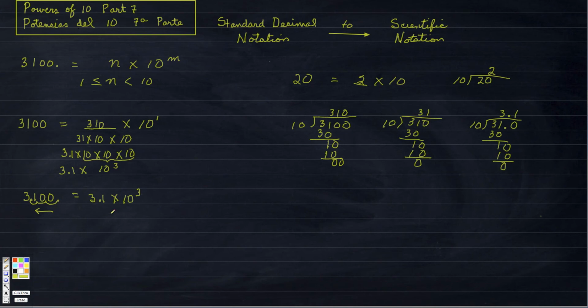So in general, when you have a number that you need to change to scientific notation, a big number. So since we're looking at numbers that are big, this would be numbers bigger than 1.